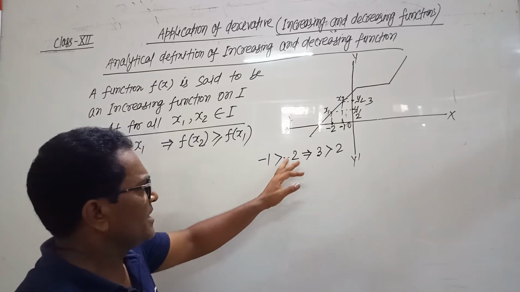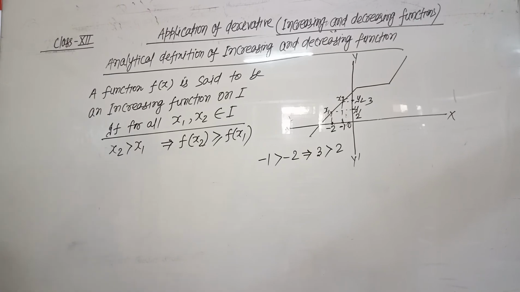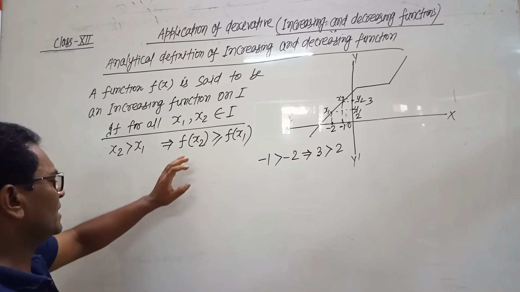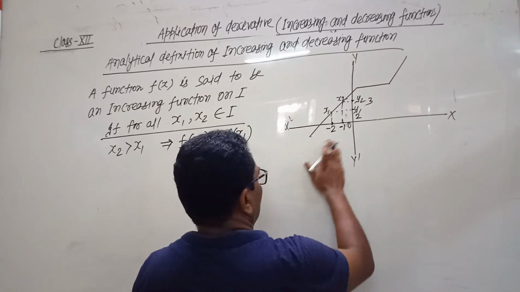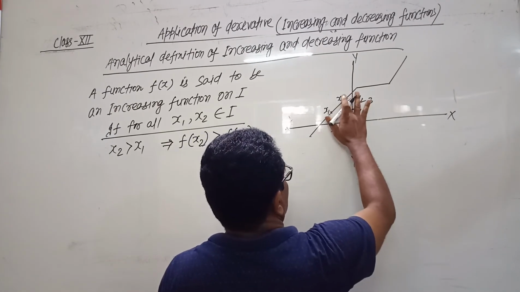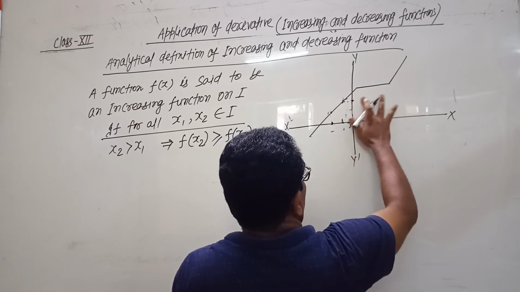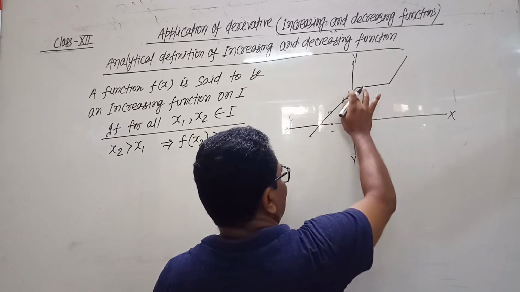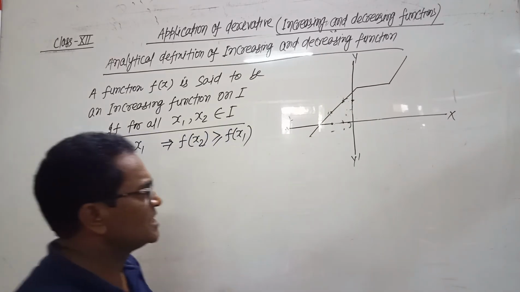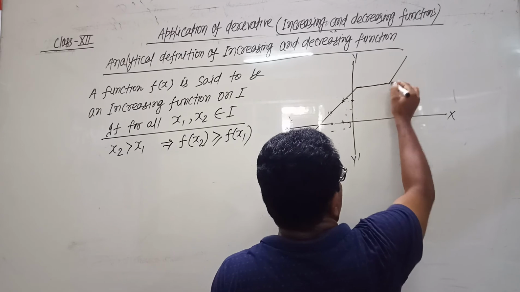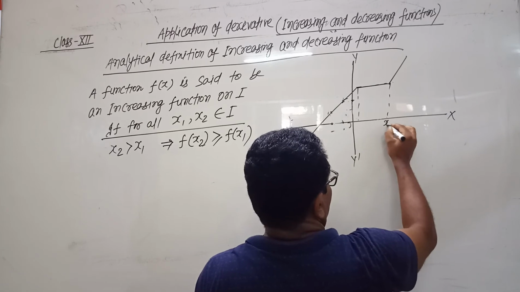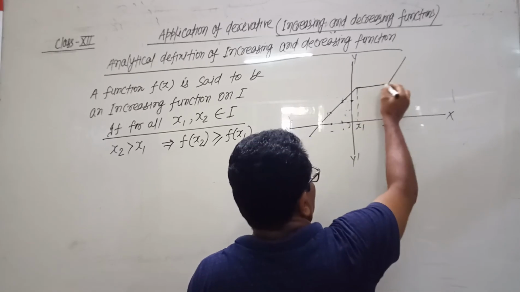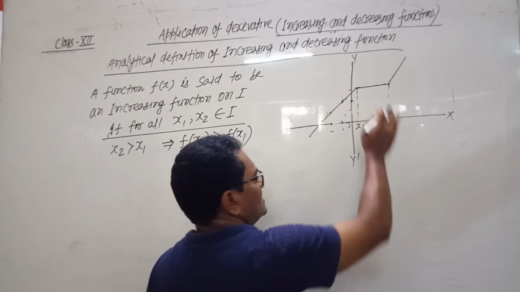So if x1, x2 belong to the interval I, and if x2 is greater than x1, then f(x2) must be greater than or equal to f(x1). So this is the example to understand the concept. From this region it is clear that this is an increasing function, and at this point there are 2 points x1, x2, and y1 and y2 have the same value.